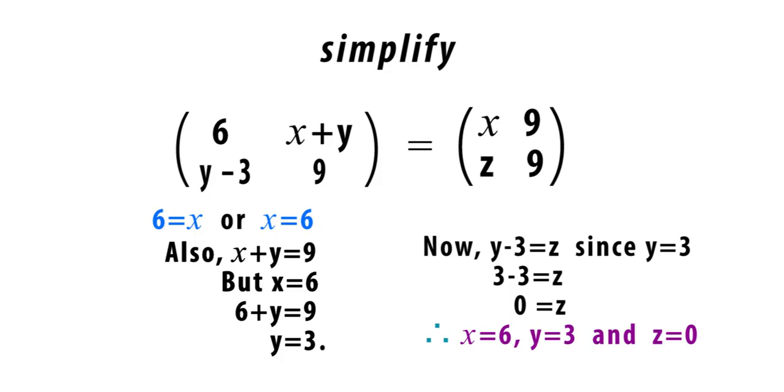I hope that is clear. In matrices, when matrices are equal, we can always equate the corresponding elements. Good. I hope you have followed the lesson until this point. We have to end it here.